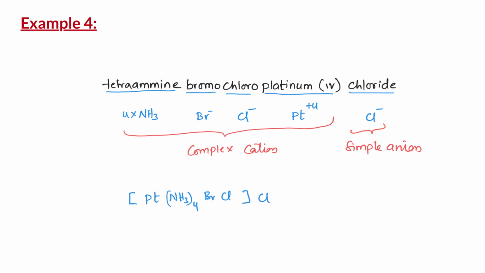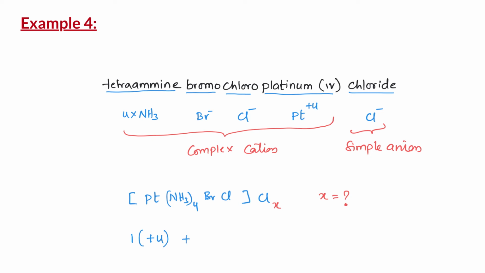The question is, how many chloride ions are there outside the square bracket? Now that depends on the charge on the complex ion. And we can calculate the overall charge on this cation by adding the oxidation numbers of all the atoms inside this complex ion. We have 1 platinum and its oxidation number is given as +4.